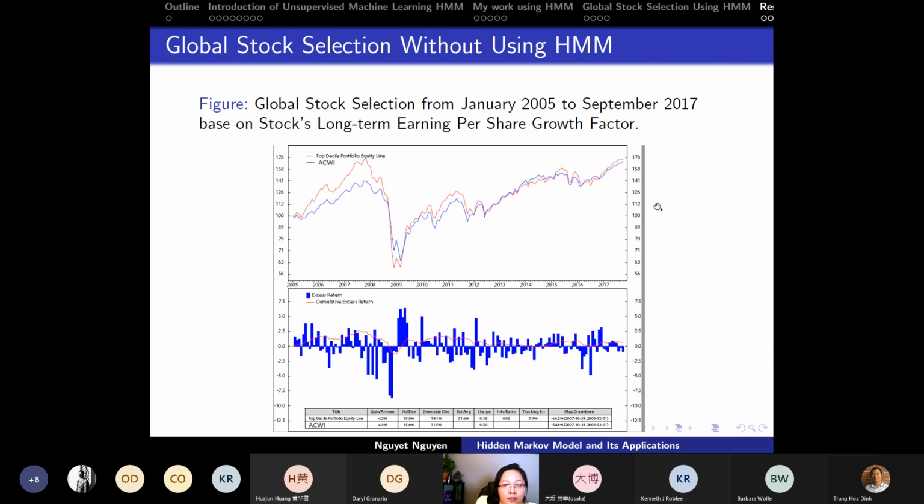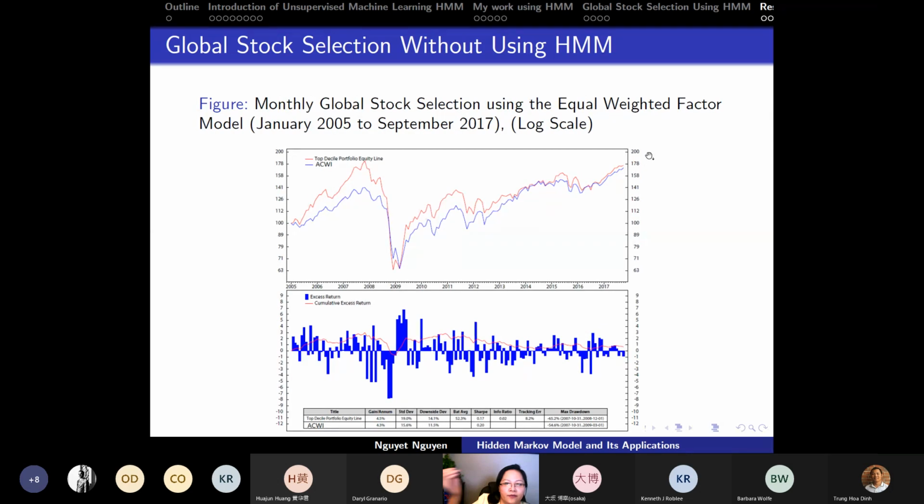However, if you look at another stock factor, for example the earnings per share growth factor, you have almost identical returns to the all country world index. So you see that based on different factors, you have different performance. And this one is the other factor, the equal weight factor.